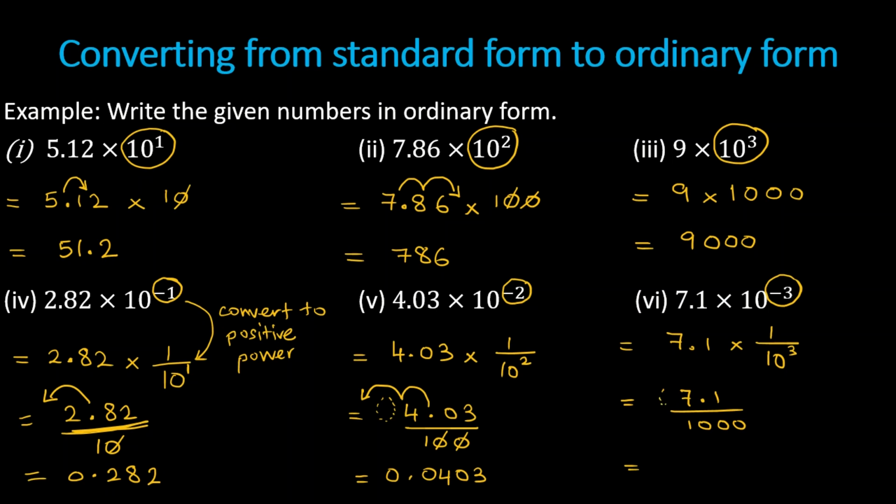Let me include some zeros, then I will move the decimal 1, 2, 3 decimal places. 1, 2, 3. So my answer is 0.0071. Right. So we have been able to write down a number from standard form to ordinary form.